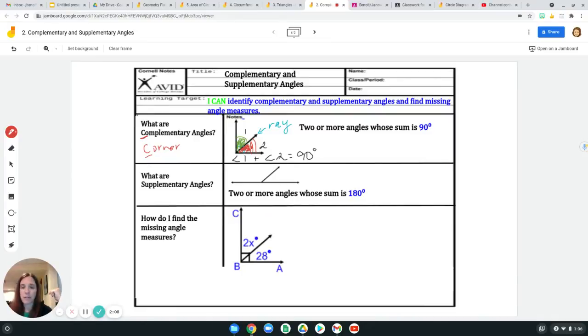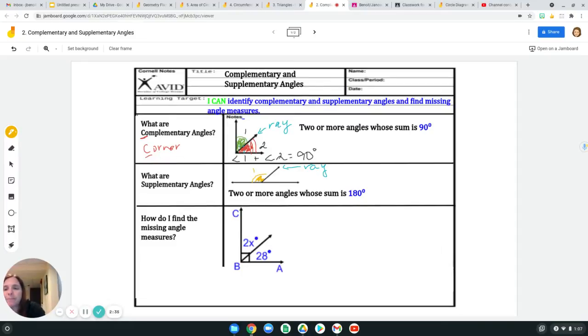What are supplementary angles? Supplementary angles are two or more angles whose sum is 180. So again, we have that straight line to start. And then again, we have a ray that comes in and bisects that straight angle into two angles. And let's separate those two angles. Angle 1 is our gold right here with the one arc.